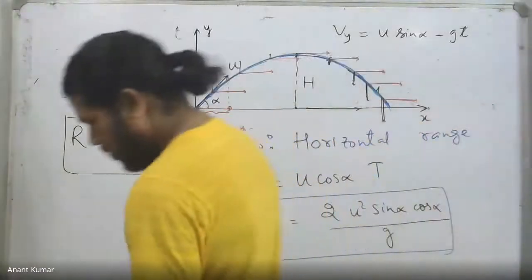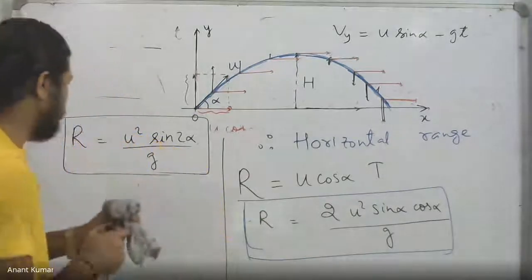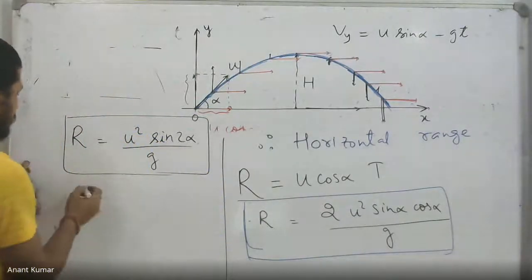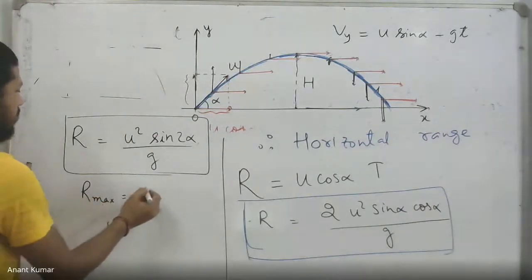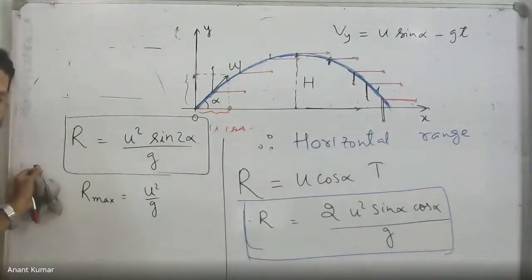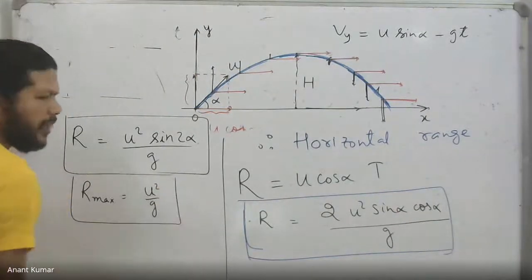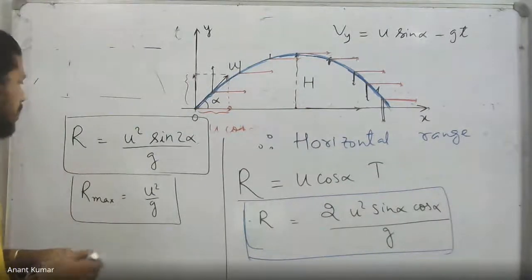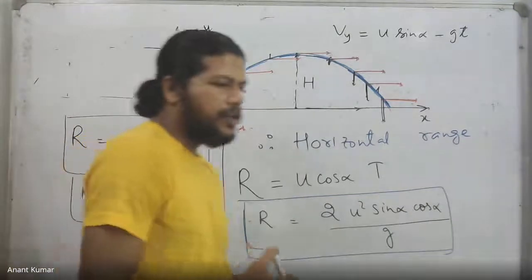Okay, I can therefore see that the maximum possible range R max is u square by g. I mean, for a given projection speed, I'm assuming that the speed of projection remains the same, but I can just vary the angle to get different ranges.